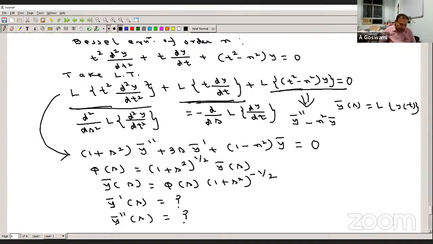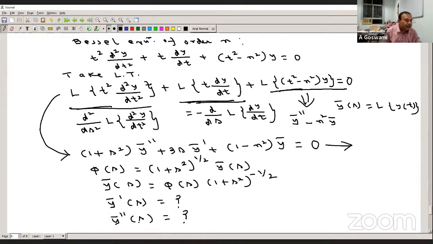So now if you substitute y bar dash and y bar double dash in this equation, then you will obtain an equation in terms of s and phi. So please calculate the values of y bar of s, y bar dash and y bar double dash.